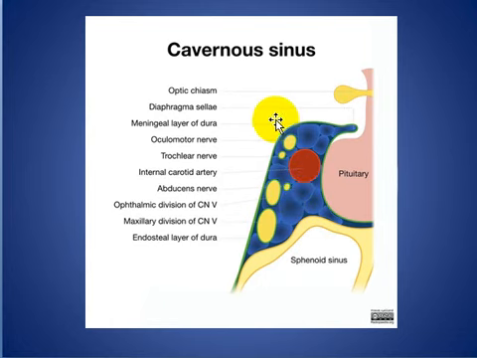As we see here, this is the cavernous sinus again, this is the sphenoid sinus, and this is the pituitary gland. This is the internal carotid artery, and this is the oculomotor nerve, and this is the trochlear nerve, and this is the ophthalmic division of the trigeminal nerve, and this is the maxillary division of the trigeminal nerve, and the small one is the abducent nerve.